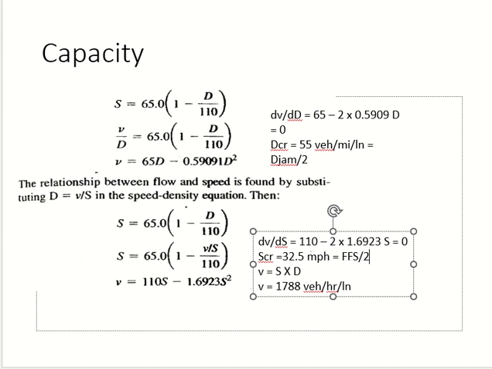All these things are the same, whether you are doing it for highway X or Y or B or A or whatever. And the method we apply to find the capacity is the same: you find where the slope is equal to 0 and so on. The critical speed is half of the free flow speed, and the free flow speed is 65, the maximum.